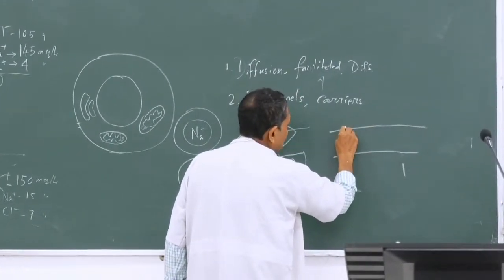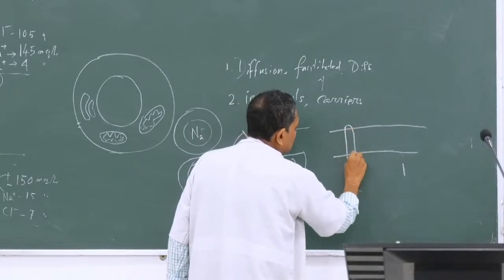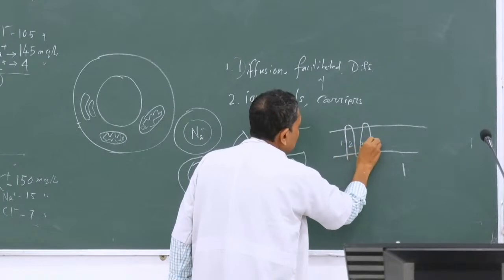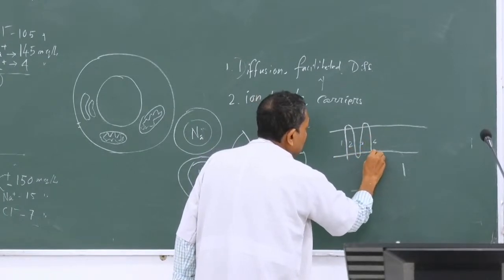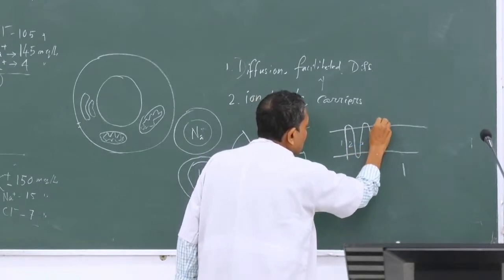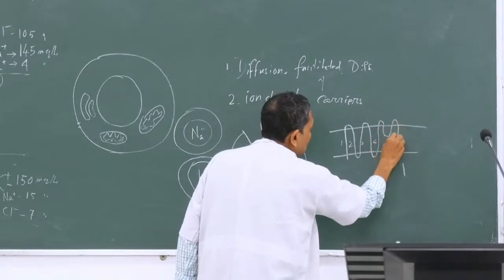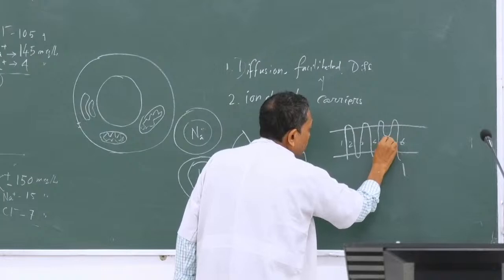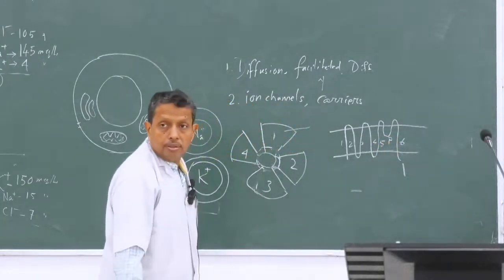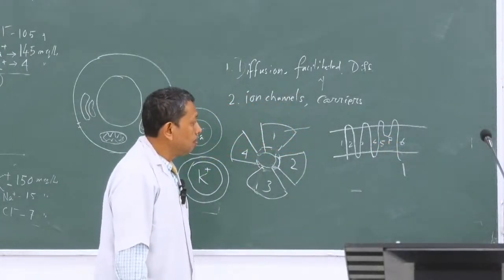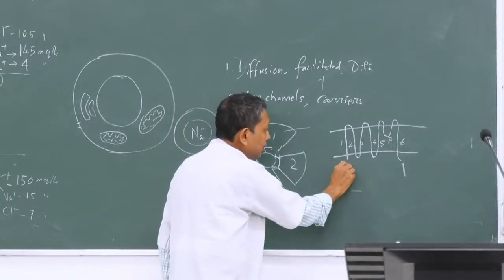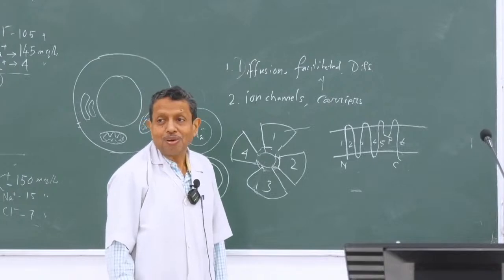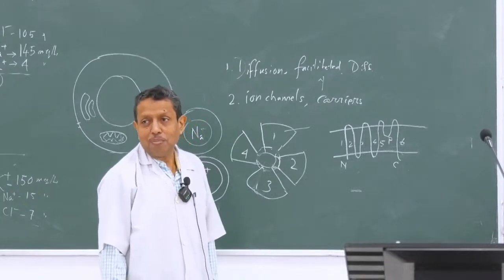Suppose it is 1, 2, 3, 4, 5 and 6, and this is the pore. They are disposed in this way. The N terminal and C terminal may be inside or outside; you consult the text, I cannot remember everything in detail.